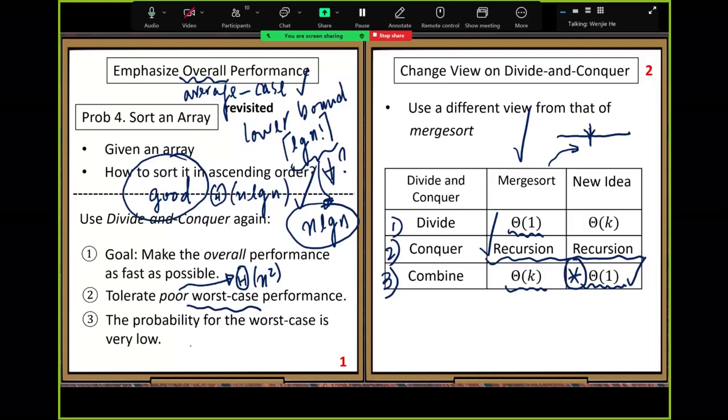If you want to estimate log base 2 of n factorial, you can get some constant times n log n.